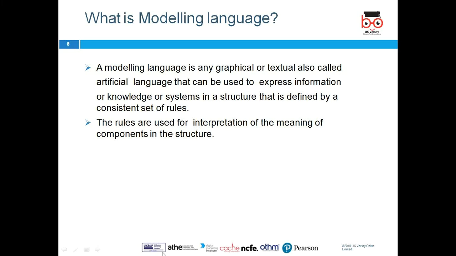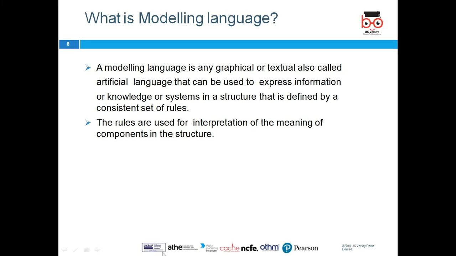Then I will explain where the modeling language fits into software engineering. A modeling language is any graphical or textual, also called artificial, language that can be used to express information or knowledge or systems in a structure that is defined by a consistent set of rules.